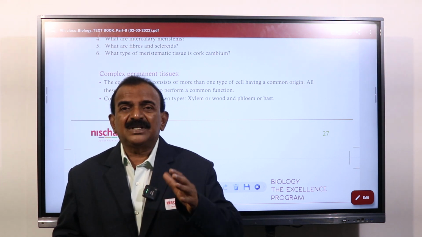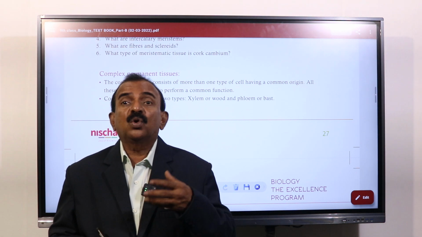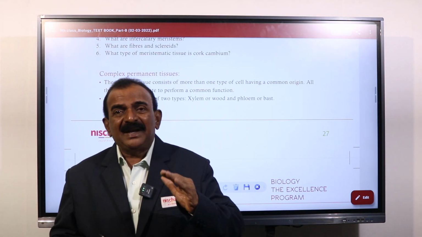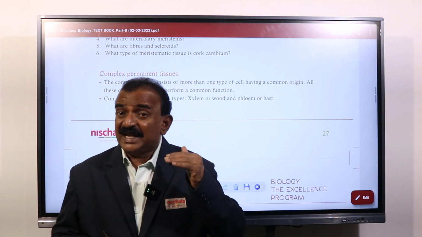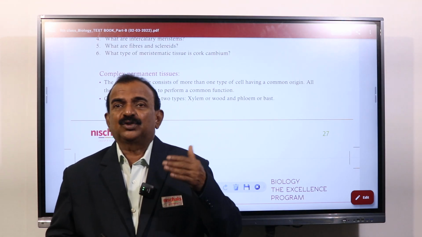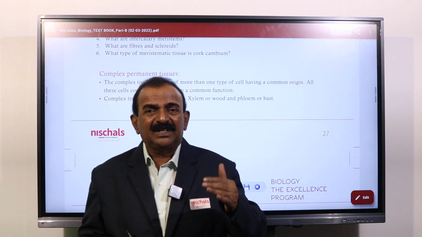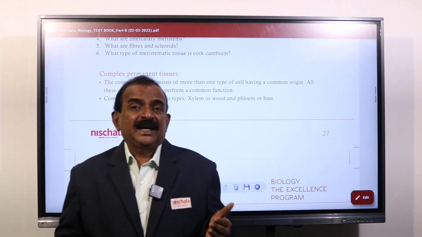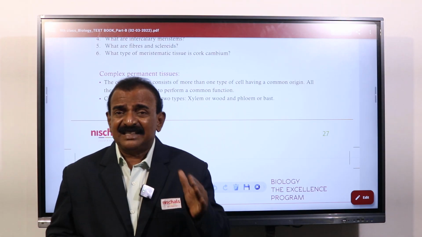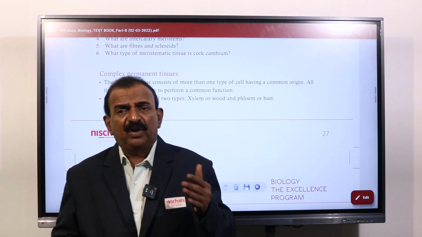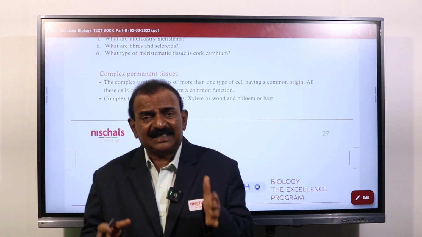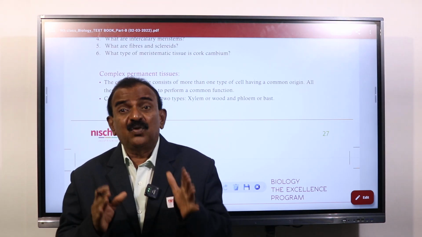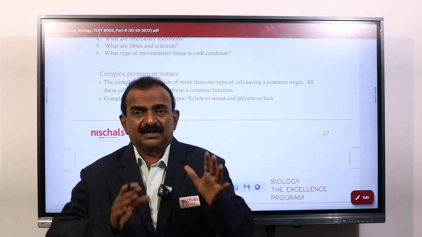The other type, permanent complex tissue, is xylem and also phloem. Xylem vessels are useful for transportation of water and mineral salts, and also provide mechanical strength to the plant body, and phloem tissue is called bast, and is useful for transportation of food from leaves to different parts of the plant body.